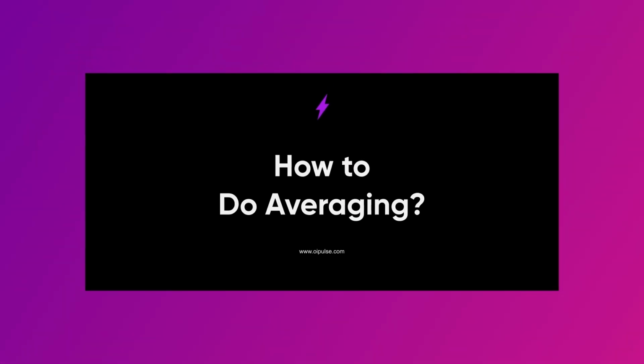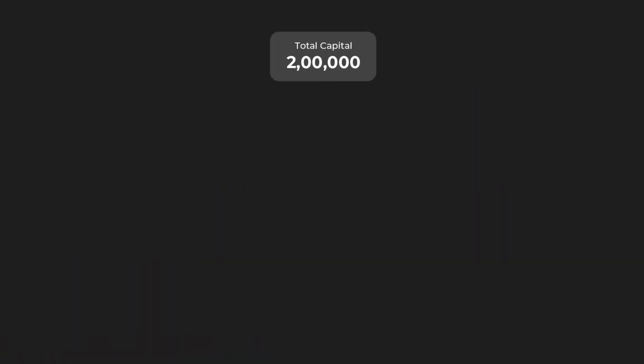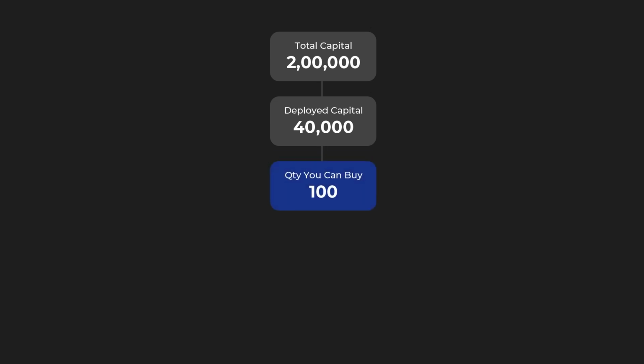How to average? Before deciding how to average, you have to decide how much portion of capital you are deploying per trade. For example, you are deploying 20% of your capital per trade. You have to decide how much quantity you can buy with that 20%. For example, you can buy 100 quantities. That 100 quantities you have to divide and buy for averaging.